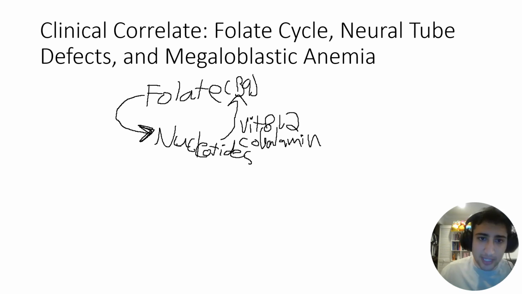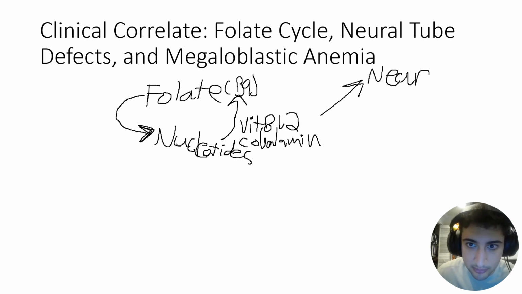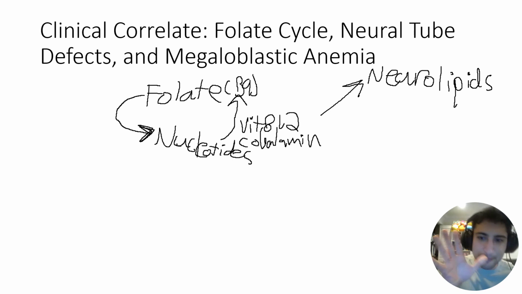Generally speaking, folate has to interact with vitamin B12 in order to synthesize nucleotides. And vitamin B12 is involved with some other processes as well, including some neurolipid related processes. So the lipids that surround the neurons, cobalamin has been implicated to have some kind of role.